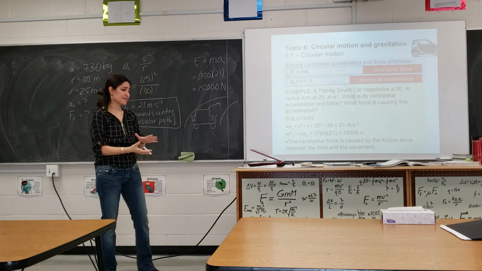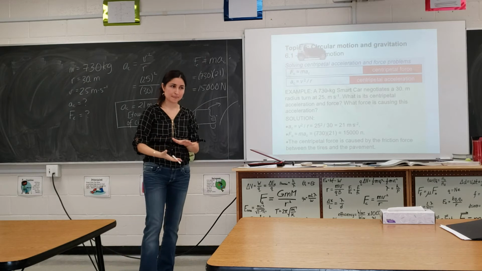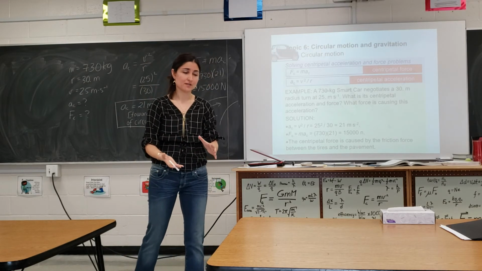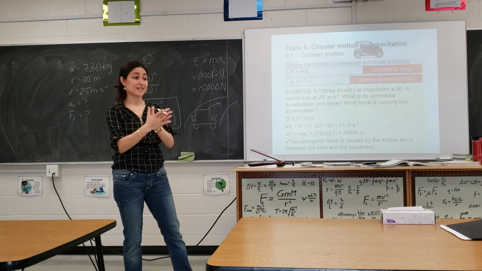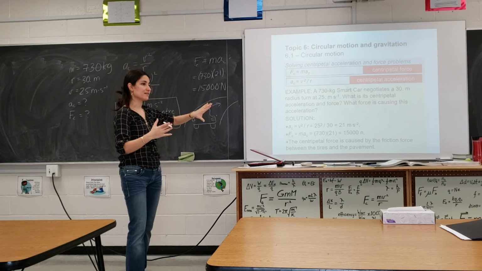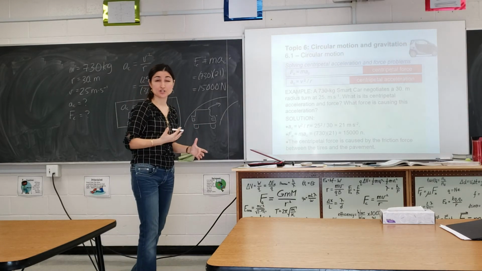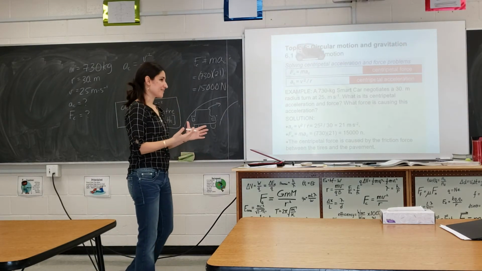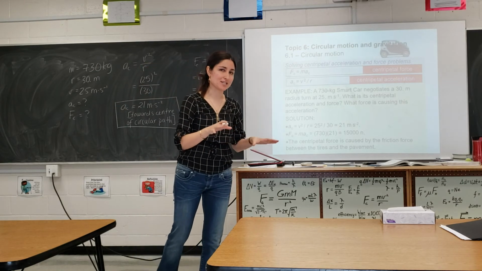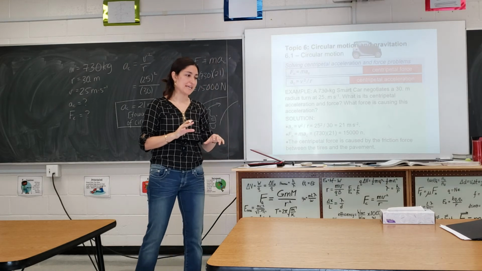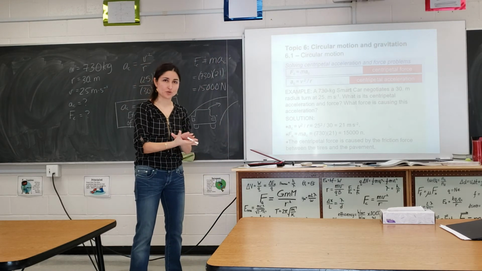Because the tires are moving against the pavement or the concrete, there's going to be kinetic friction, opposite the direction of the velocity. So that will be opposite the velocity, also tangent to the circle, and it's going to keep changing direction as the car changes direction. But the reason the car can take the turn is not because of kinetic friction, or dynamic friction as IB would call it. It takes the turn because there is grip.